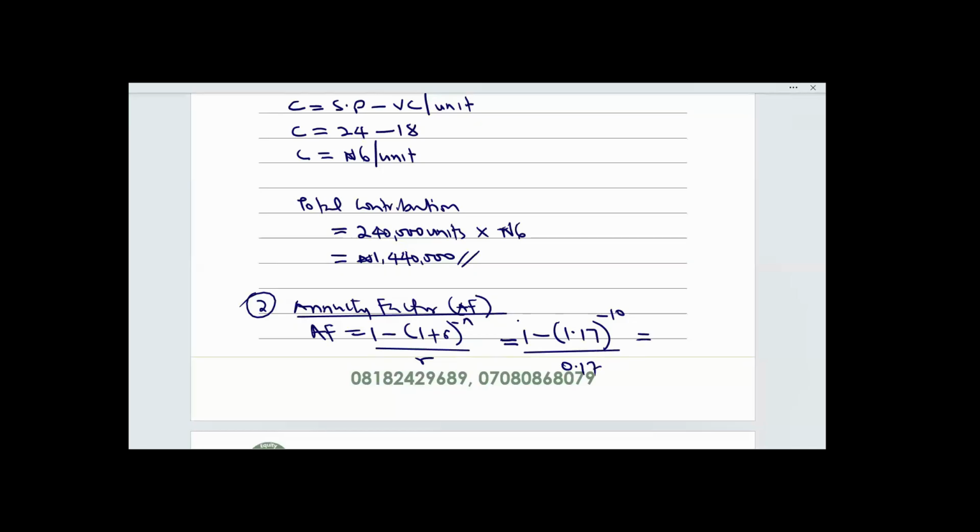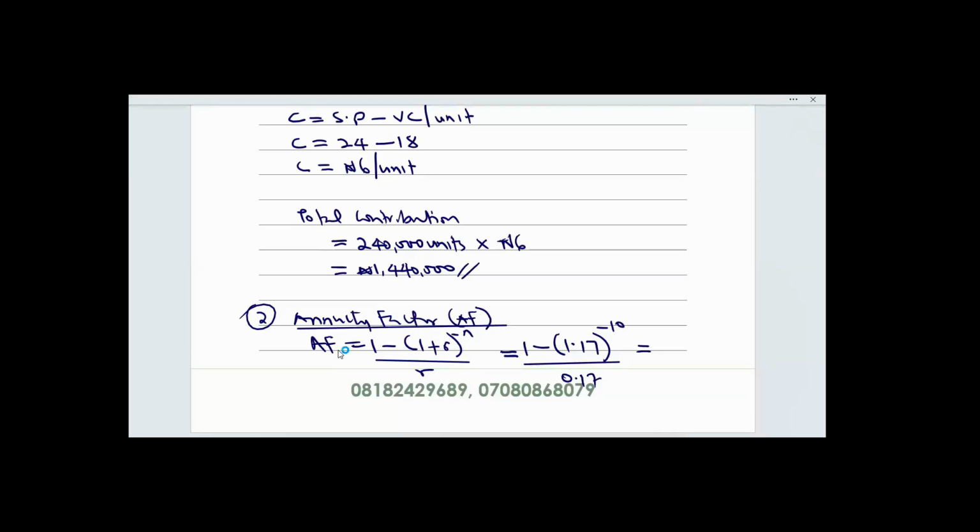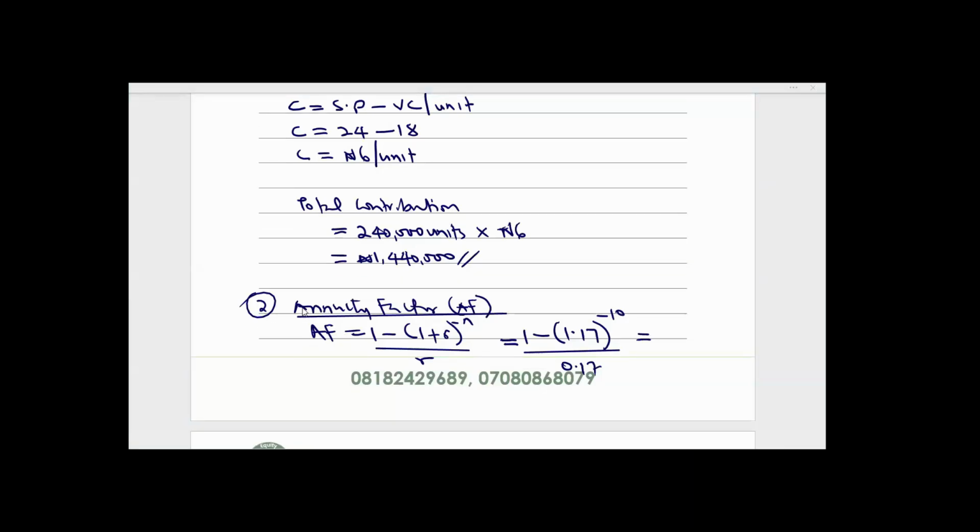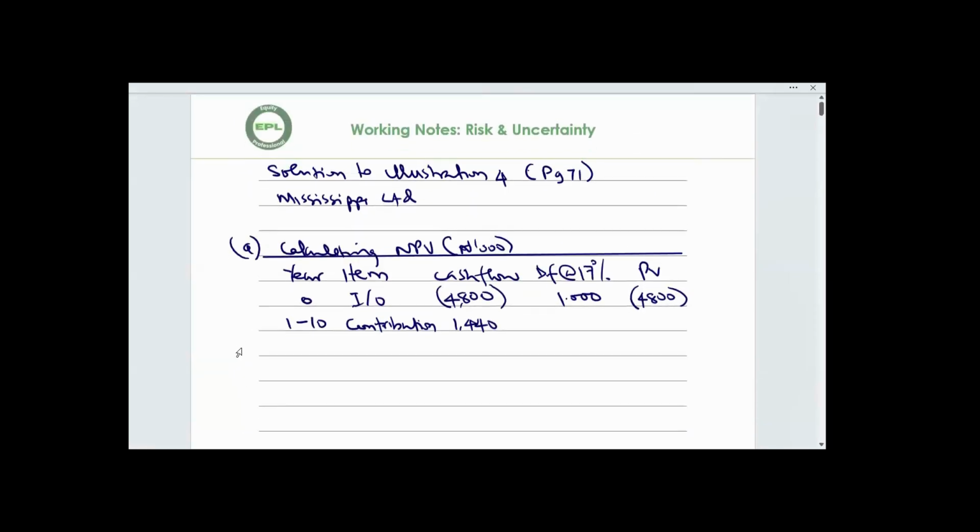Let me use my calculator. 1.17 raised to power minus 10, equals, minus 1, divided by 0.17, that's 4.659. That's the annuity factor of year 1 to 10 at 17%, 4.659.